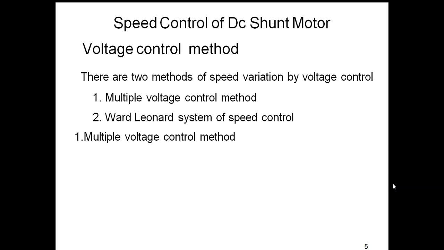Let us see the first one, that is the multiple voltage control method.